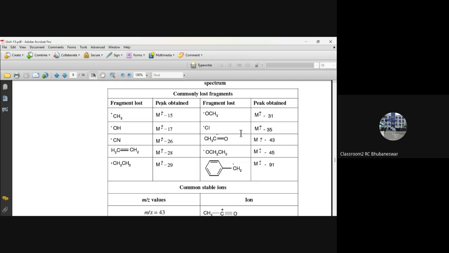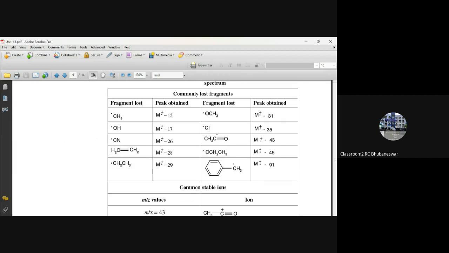Like here you see the fragment loss list is there, and some peaks have been listed here. As I was telling you, as soon as you see the mass spectrum, you have to see which is the intense peak. Then you see the next intense peak is the molecular ion peak, and the most intense peak is the base peak. From there, you get information about your molecular species.